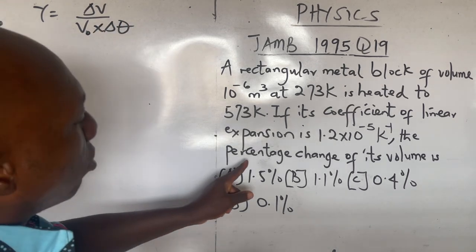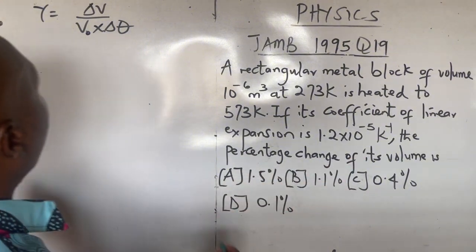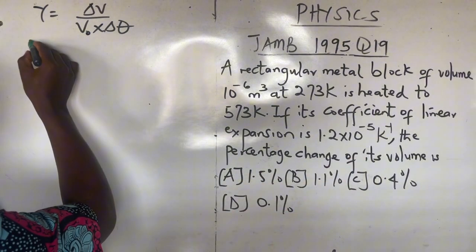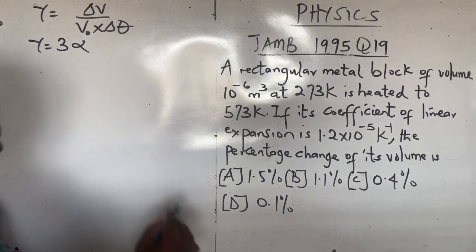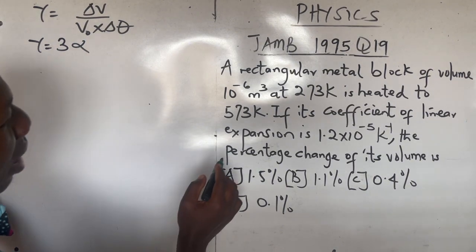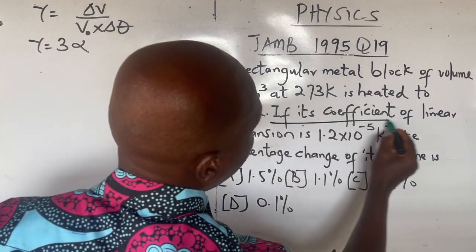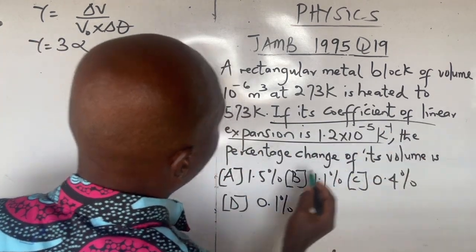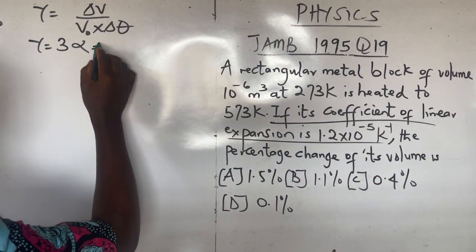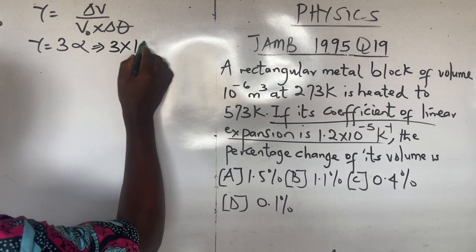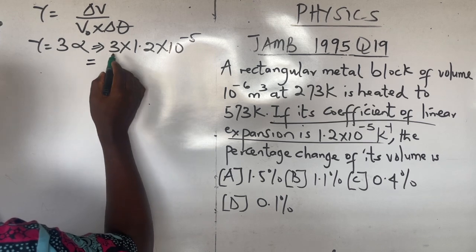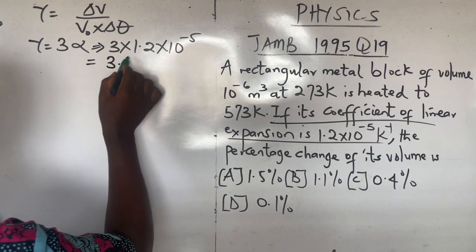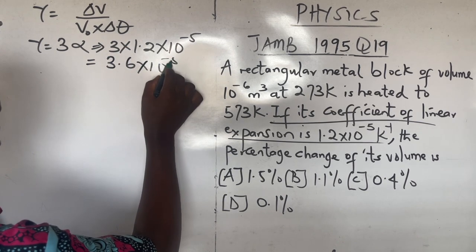We are told to calculate the percentage change of its volume, but our gamma, the cubic expansivity, is 3 alpha, where alpha is the coefficient of linear expansion, 1.2. That means 3 times 1.2 times 10 raised to power minus 5, which gives 3.6 times 10 raised to power minus 5.